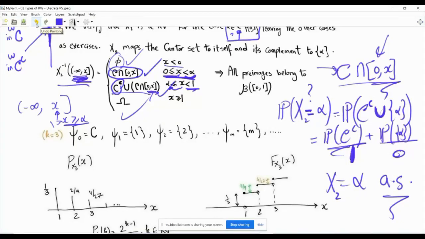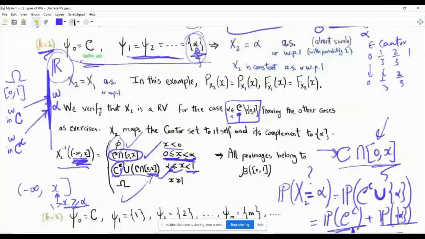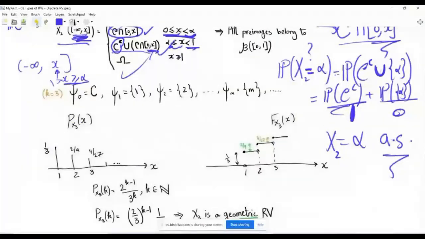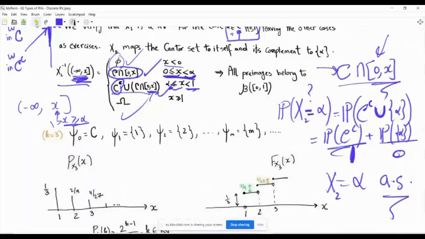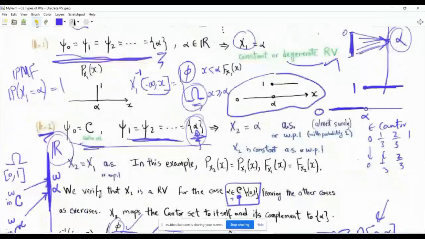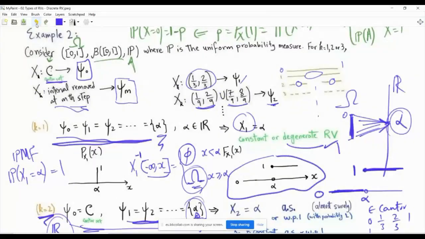But the mapping itself, the possible values of the random variable, can be uncountably infinite. It's just that the probability of those values, like here in the Cantor set, is simply equal to 0. So X2 here, by the end of the day, from a practical point of view, what is the difference between this example and the example in which everything is mapped to alpha?